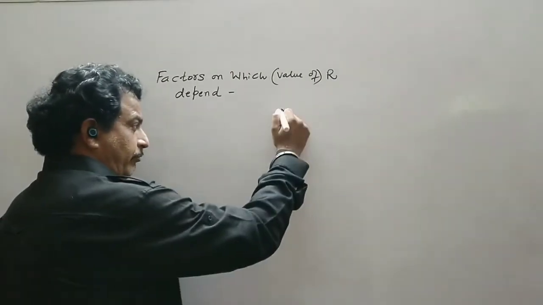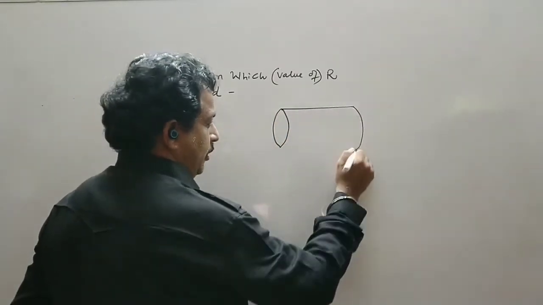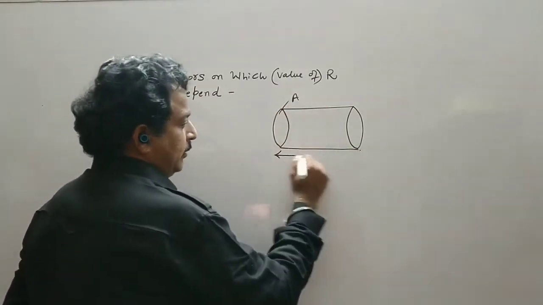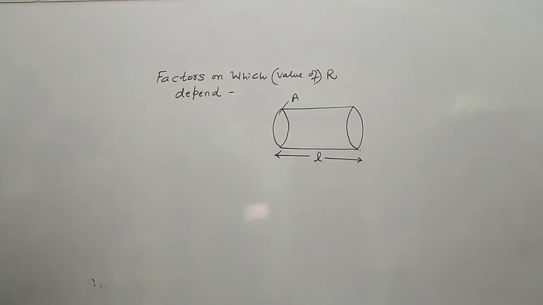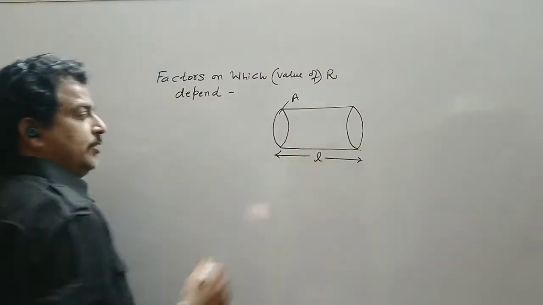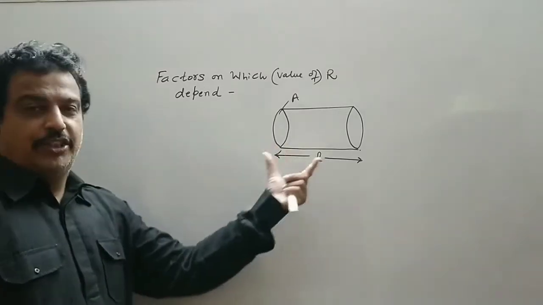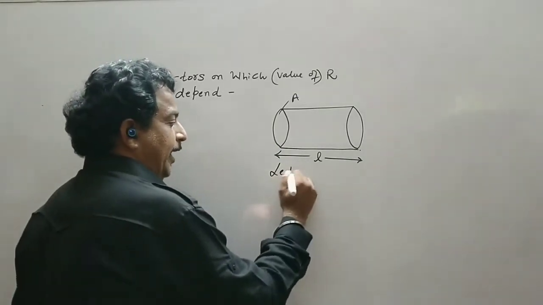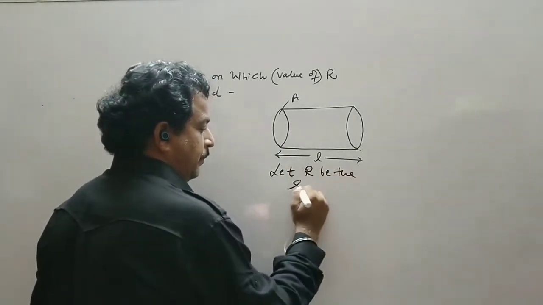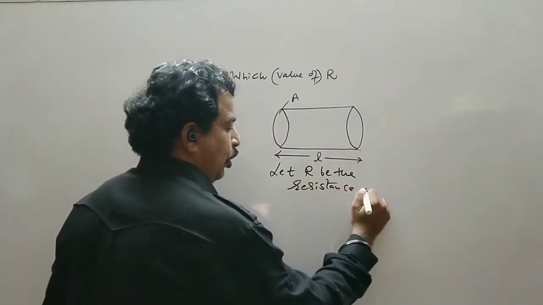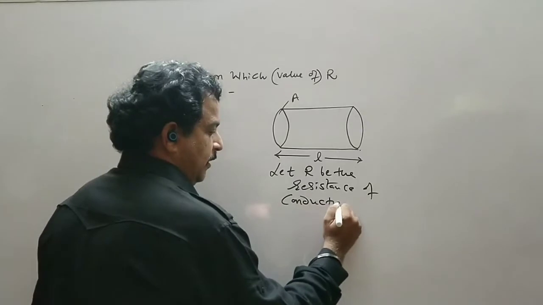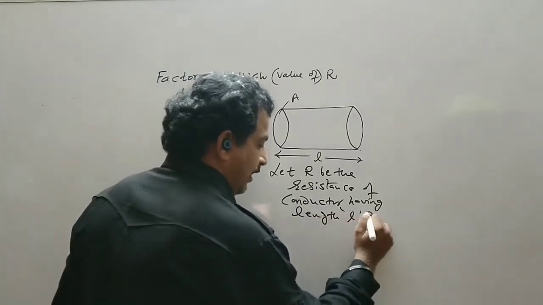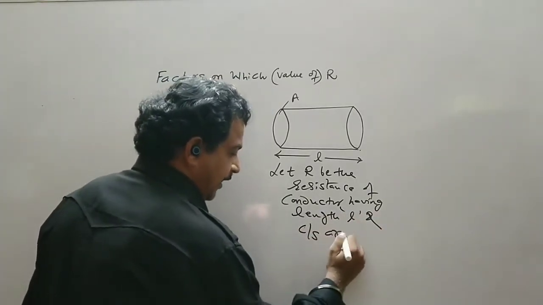Consider a case where we have a conductor with cross-sectional area A and length L. The resistance of this conductor is denoted by R. So let R be the resistance of a conductor having length L and cross-sectional area A.